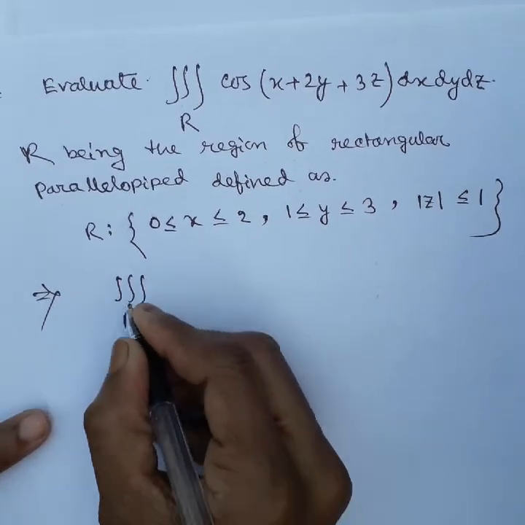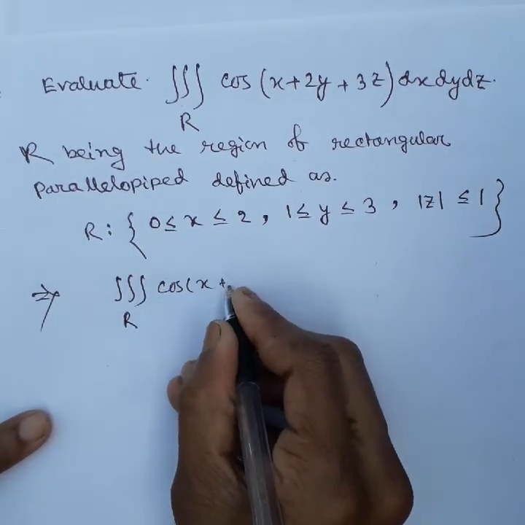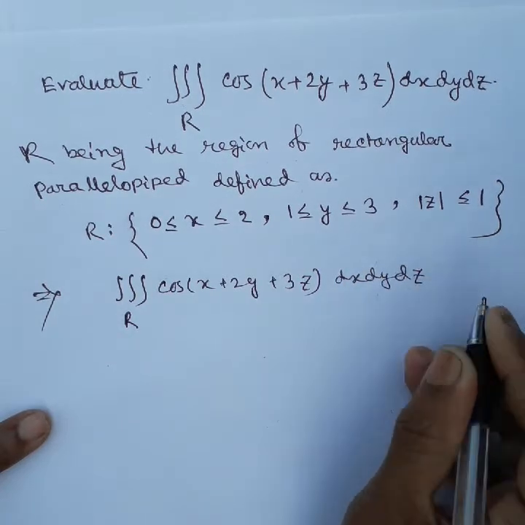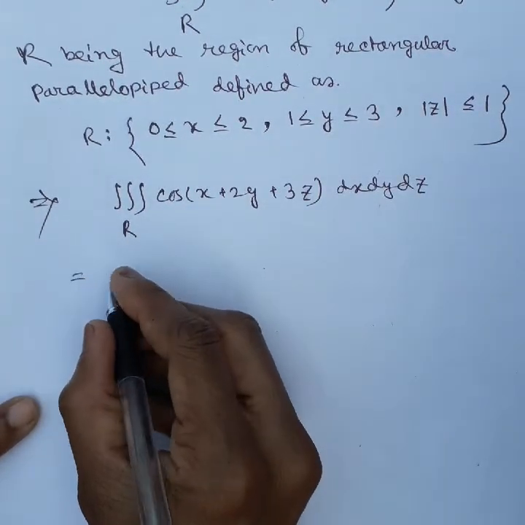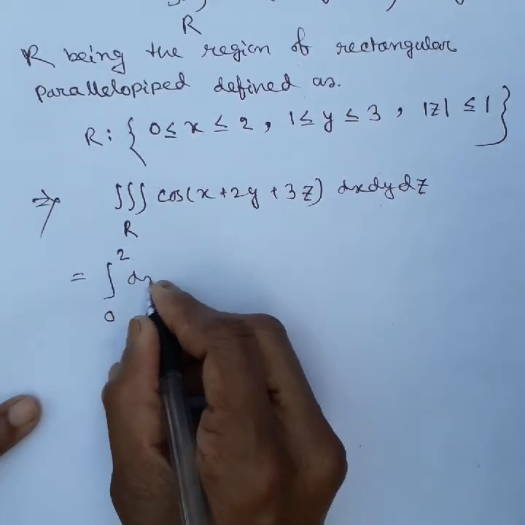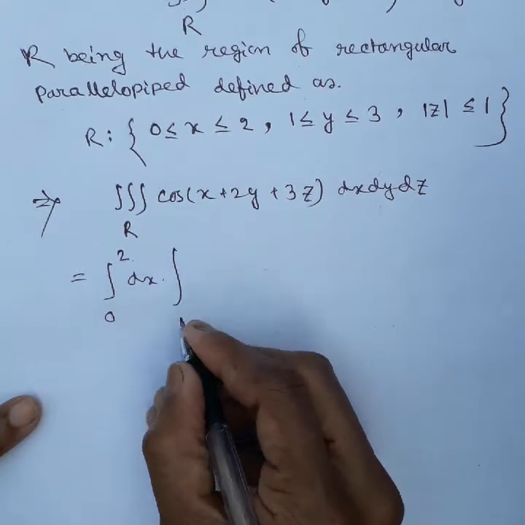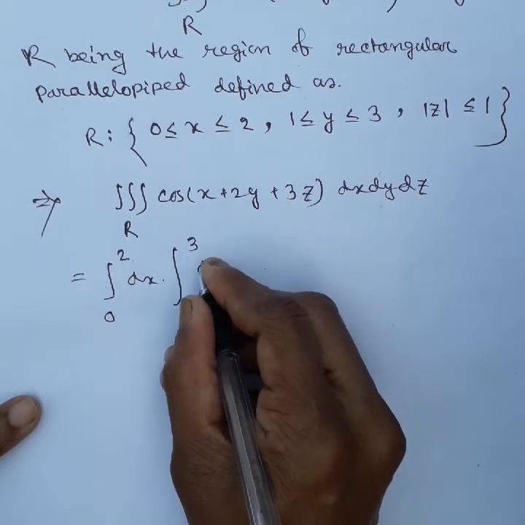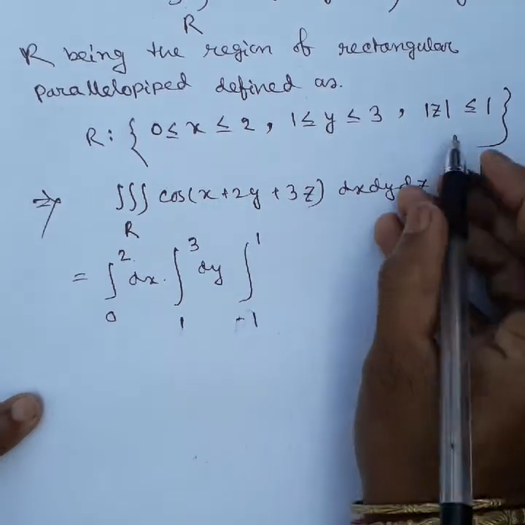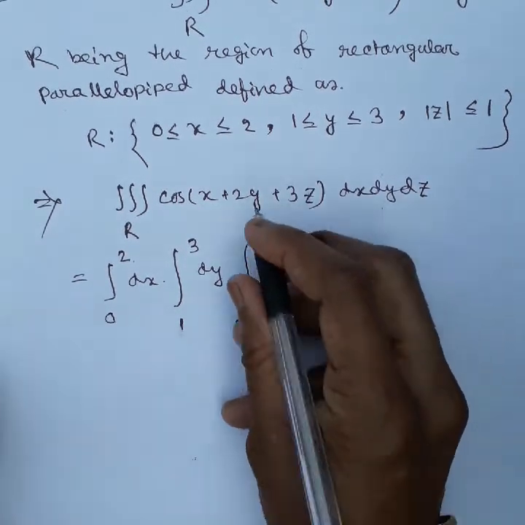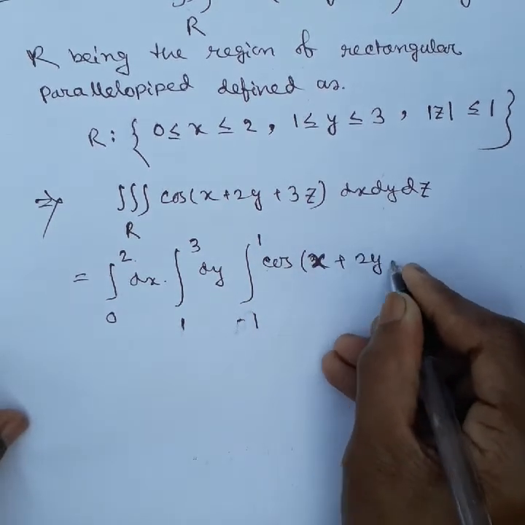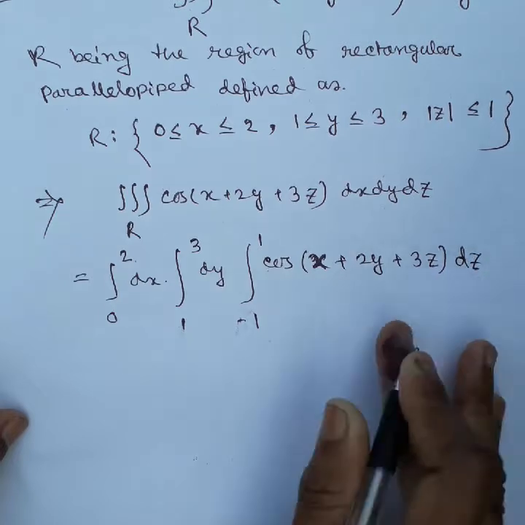triple integration over R cos of (x plus 2y plus 3z) dx dy dz is equal to, first x is defined from 0 to 2 dx, then y from 1 to 3 dy, then z from -1 to +1, as mod z is less than or equal to 1, that means z is between -1 and +1, cos of (x plus 2y plus 3z) dz.